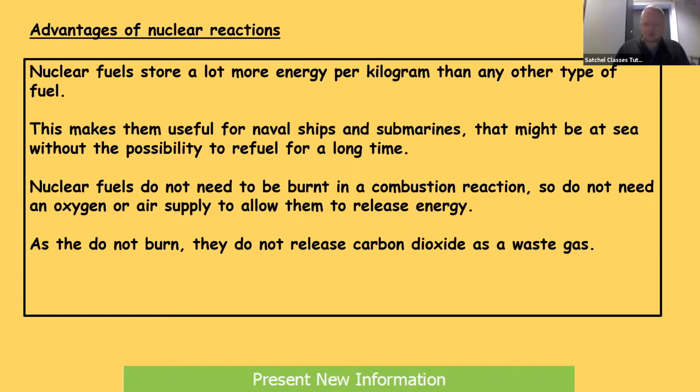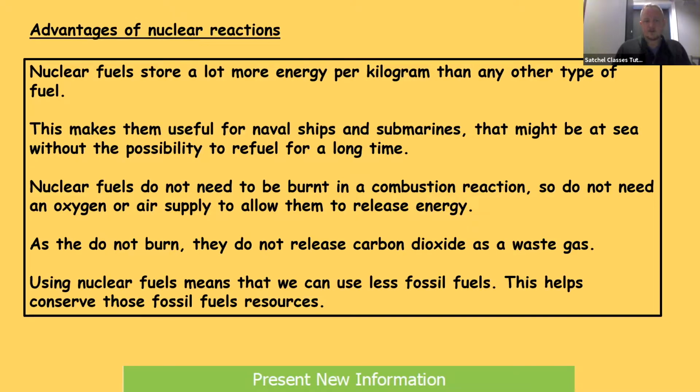As it doesn't contribute carbon dioxide to the atmosphere, it cuts down the amount of climate change gases that we're producing. Using nuclear fuels does mean that we can use less fossil fuels. Again, this helps conserve those fossil fuel resources, because if we're using less of them, there's more of them left in the ground. We've got them for a longer period of time.